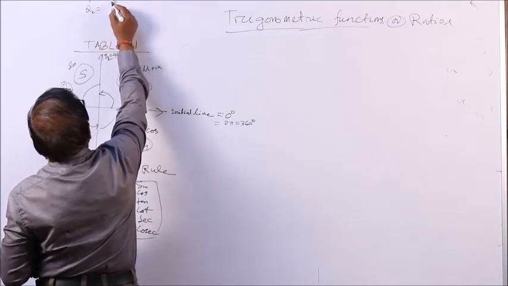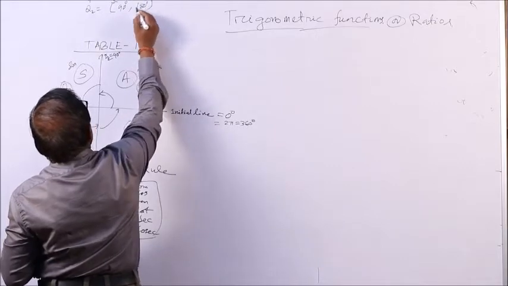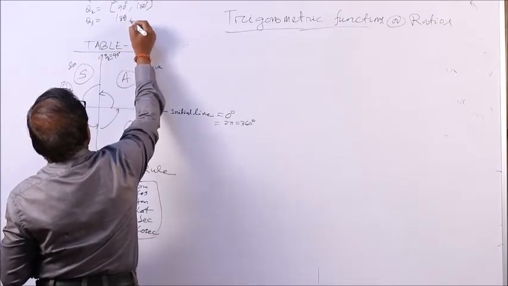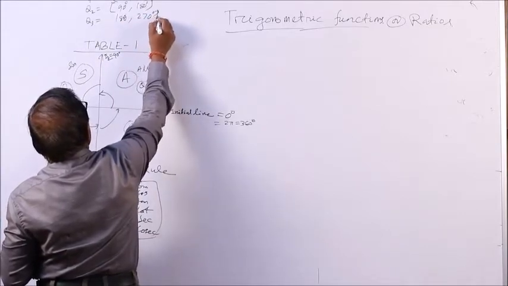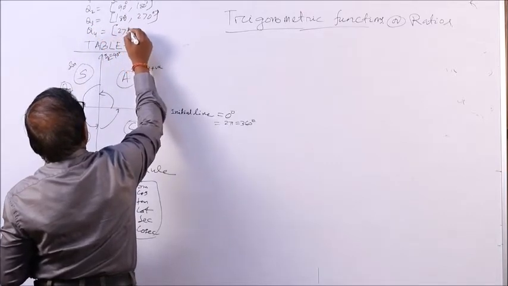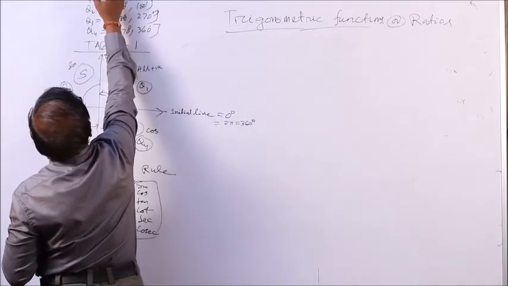Q2 is from 90 degree to 180 degrees. Q3 is from 180 degrees to 270 degrees. Q4 is 270 degrees to 360 degrees. These are called quadrants.